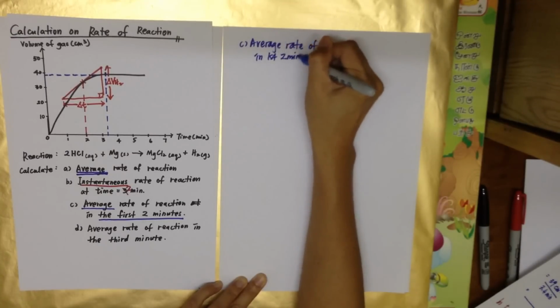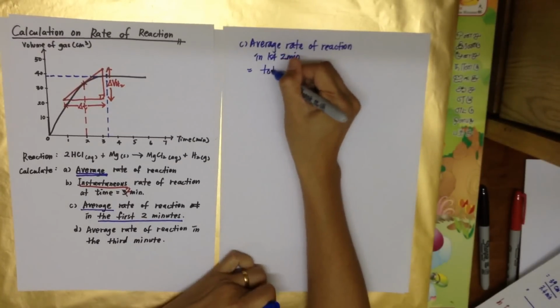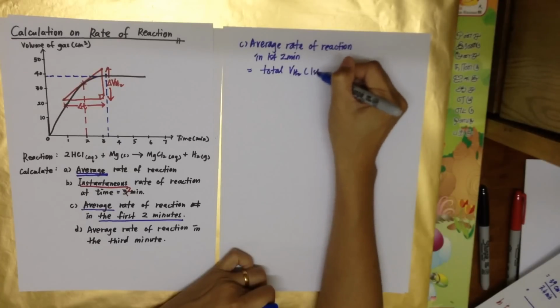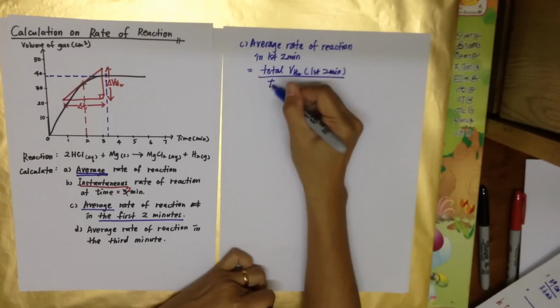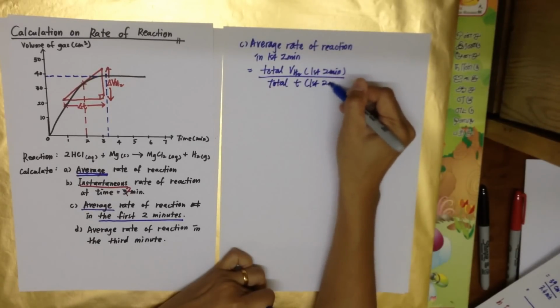The average rate of reaction in the first 2 minutes equals the total volume of hydrogen gas in the first 2 minutes divided by the total time, that is the first 2 minutes.